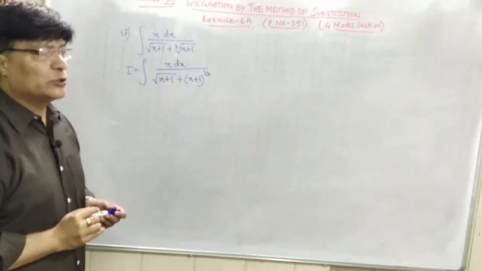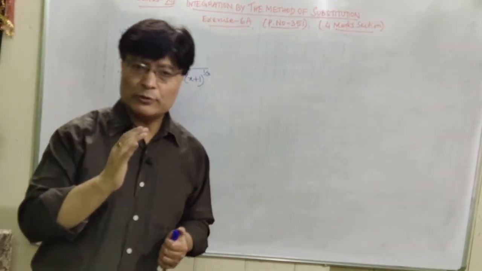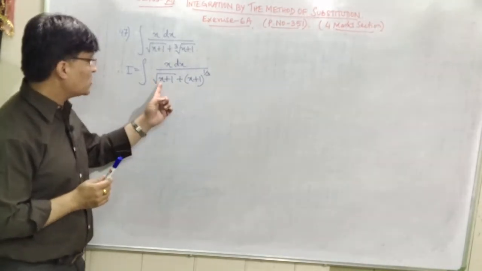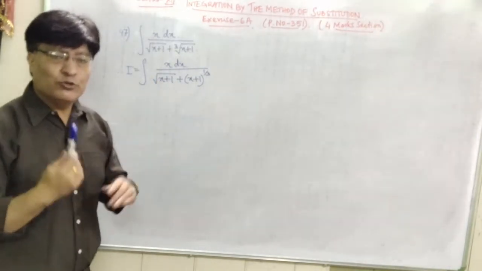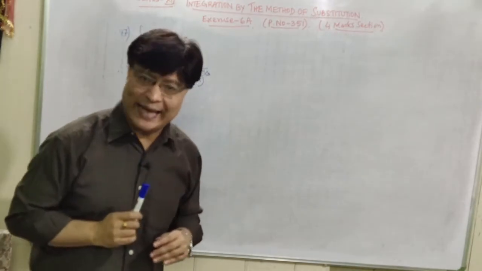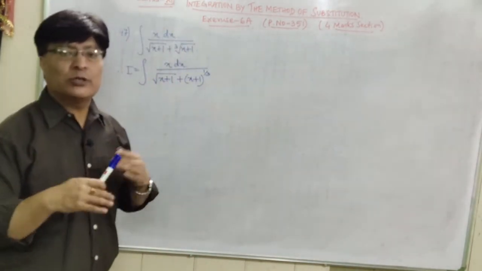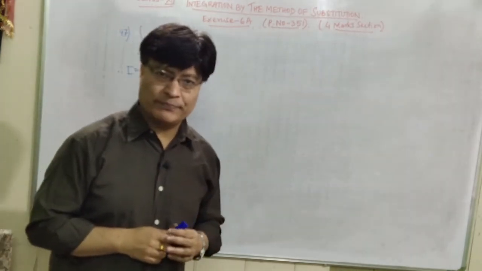Okay. So now you have to do the substitution method here. You have to substitute for x plus 1 as a new variable in such a way that both this square root and this cube root must be removed. Okay.